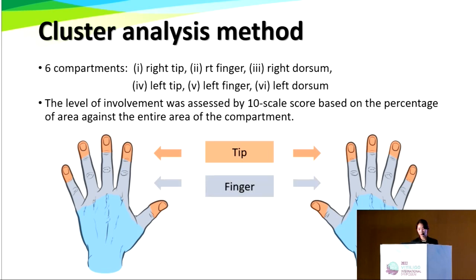The finger, colored in gray, covered the area from the DIP joint to the MCP joint. And the dorsum, colored in blue, was defined as the dorsal aspect of the hands. We assessed the level of involvement in each patient by scoring the percentage of involvement against the entire area of the corresponding compartment.